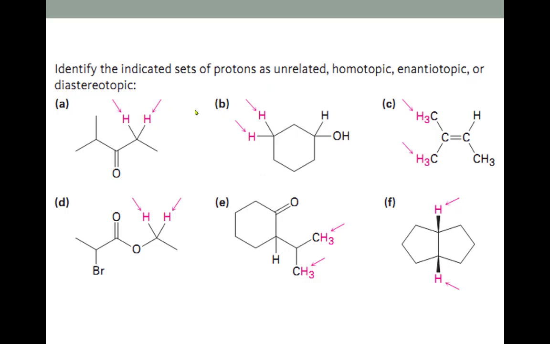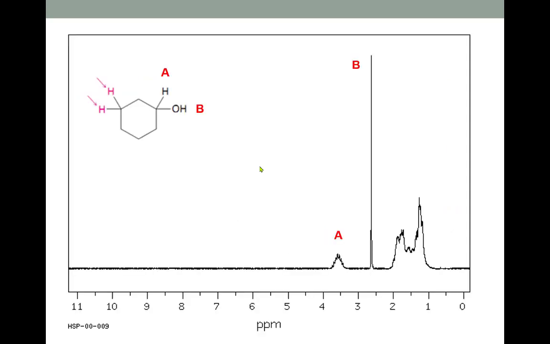So in practical terms, if we were to take one of these, for instance, the one that's labeled as compound B, if we just forget that these are highlighted, this is just a cyclohexane with an OH group. This is cyclohexanol. If we look at the actual proton NMR for cyclohexanol, what we're going to see is this.